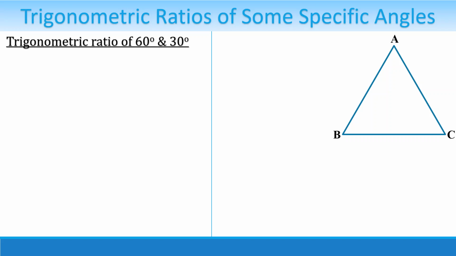The reason behind this is, one, we need a right angle triangle to apply trigonometric ratios. Second, we still require an angle of 30 degree, because I am going to do both together over here. So now what we are going to do is draw a perpendicular from A to BC.